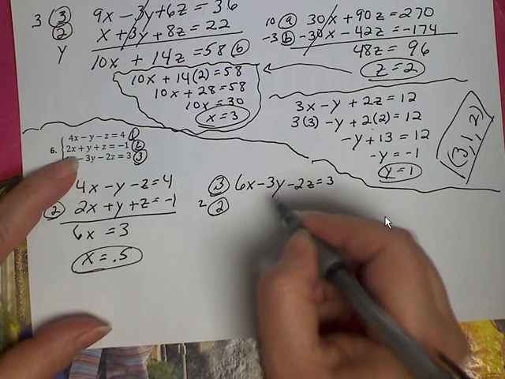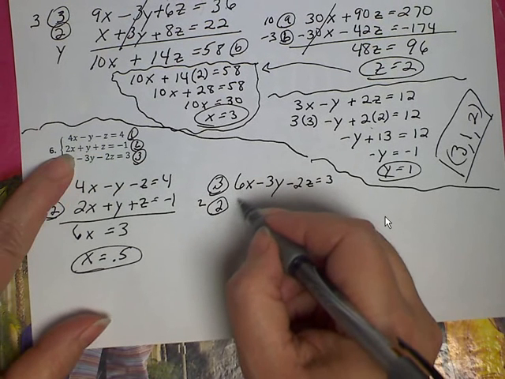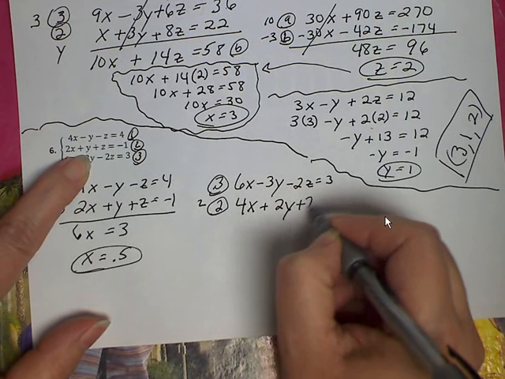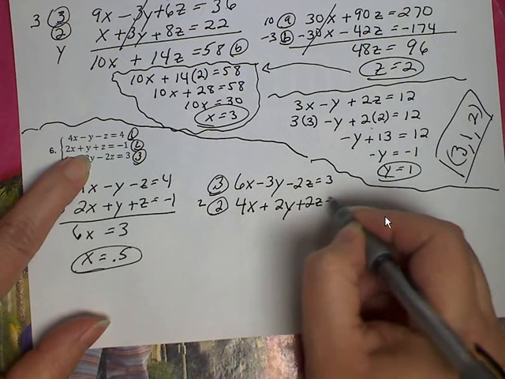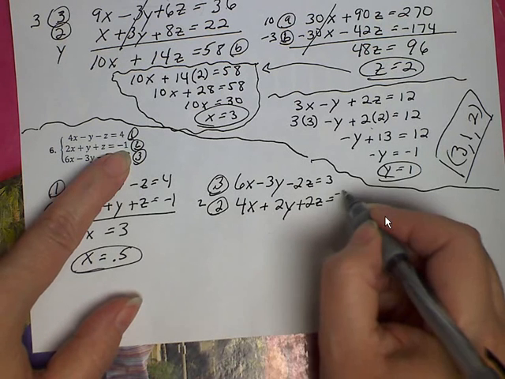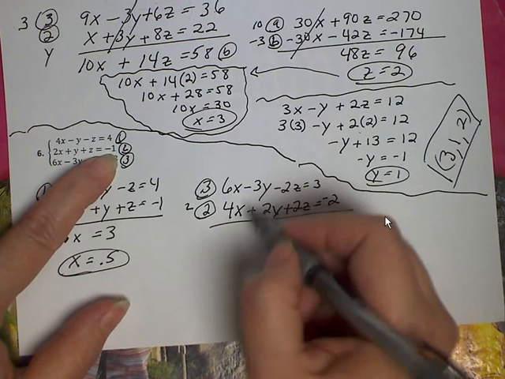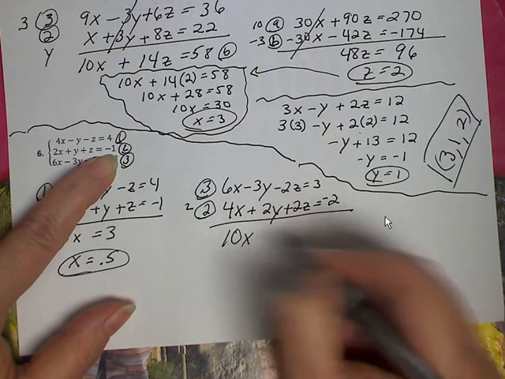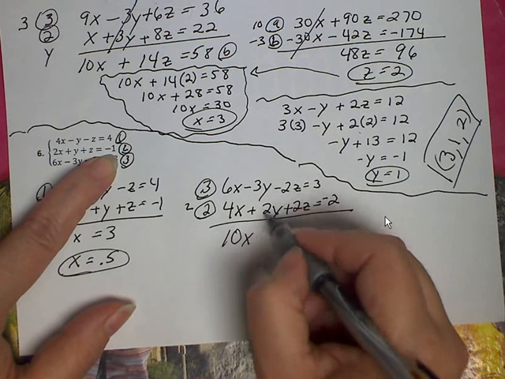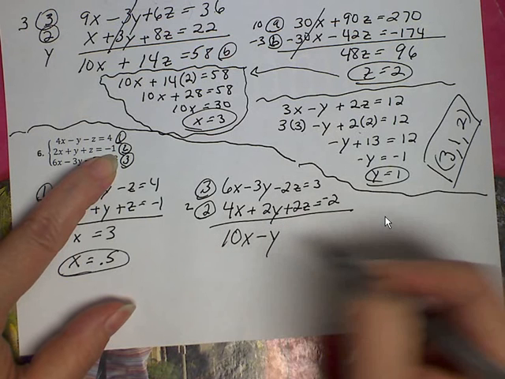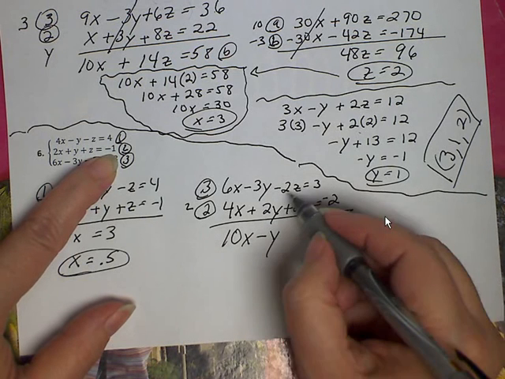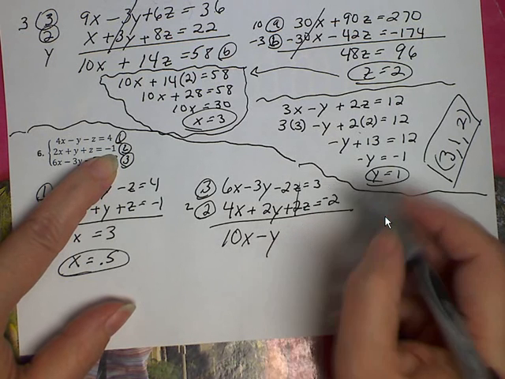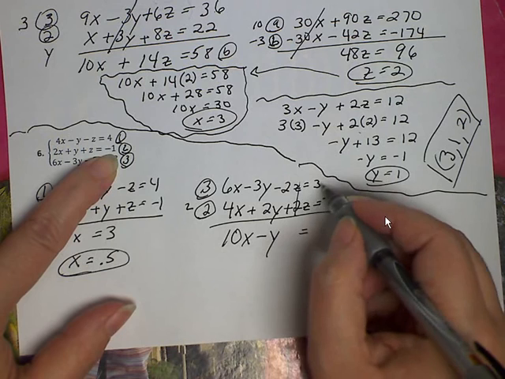So I have 2 times 2 is 4x plus 2y plus 2z is equal to 2 times negative 1, which is negative 2. 6x and 4x is 10x. Negative 3y and 2y is negative y. And this is gone, so that equals 1.